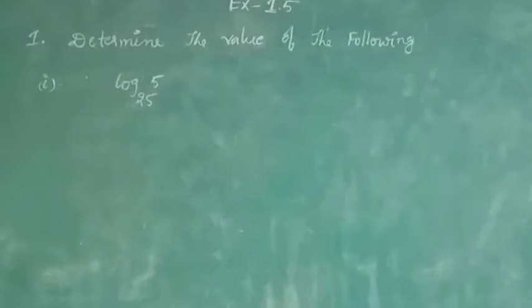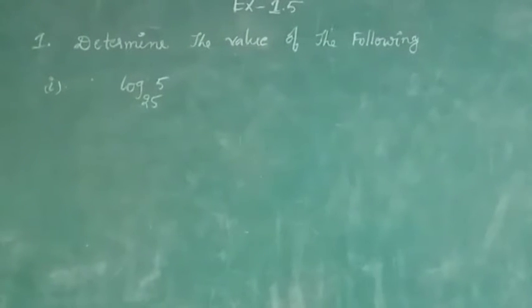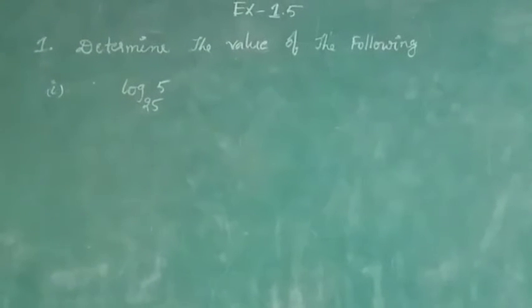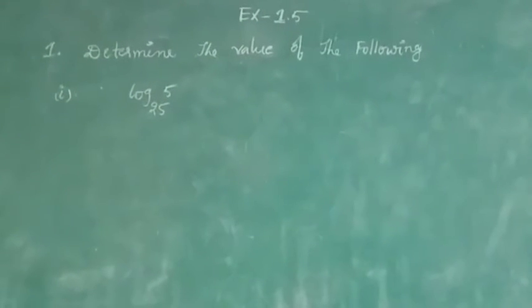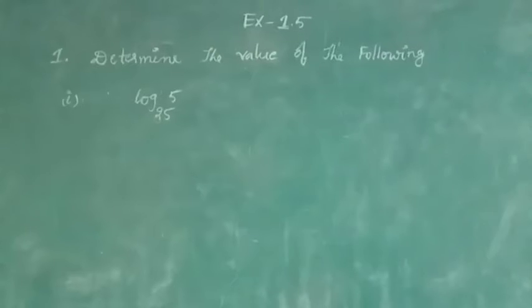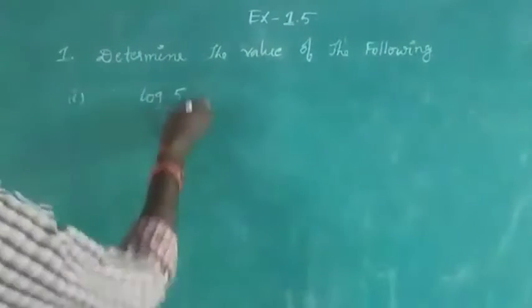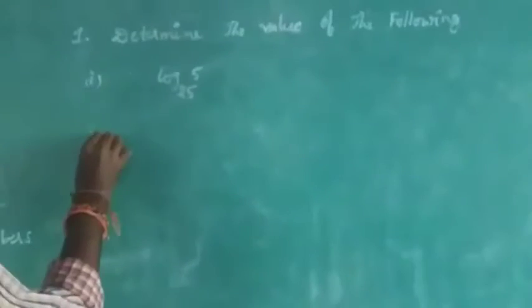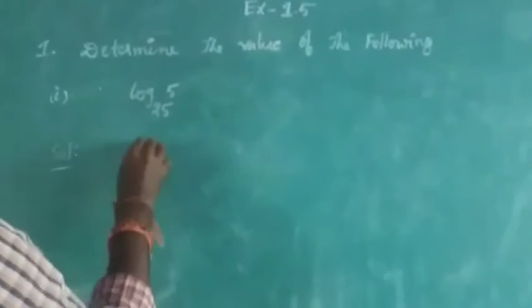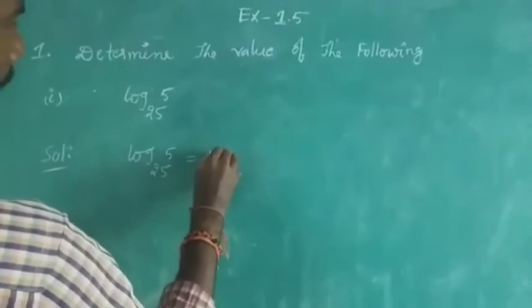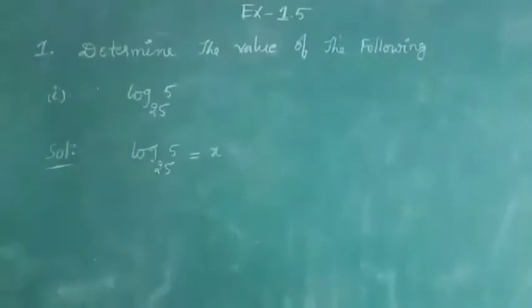Before doing the problem, you need to concentrate on the properties of logarithms. Clearly, everyone? We need to find this value, so log base 25 of 5, I am taking as x. That value we don't know.